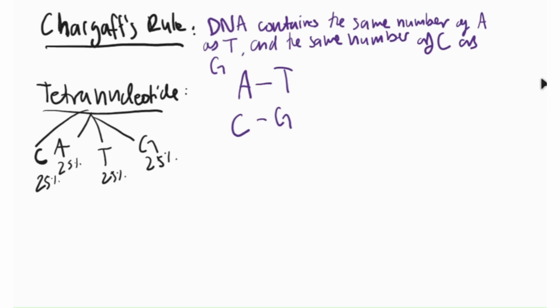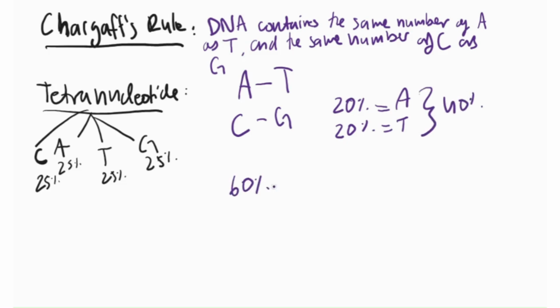So if we take this on a more math route, let's say 20% of the genome is A. That must mean 20% is T because of complementary base pairing. And this equals 40%. So 60% must equal C and G, and therefore 30% is C, 30% is G, again because of complementary base pairing.